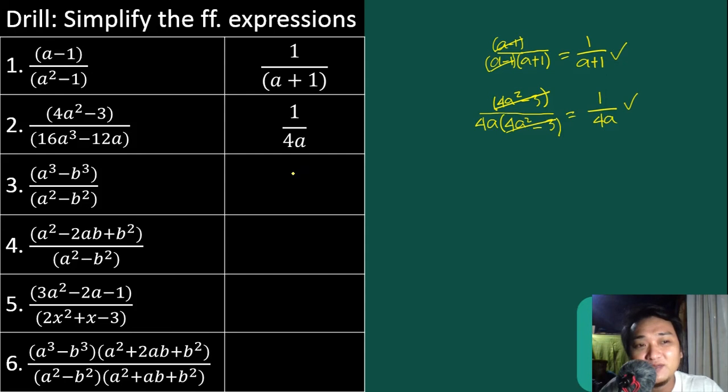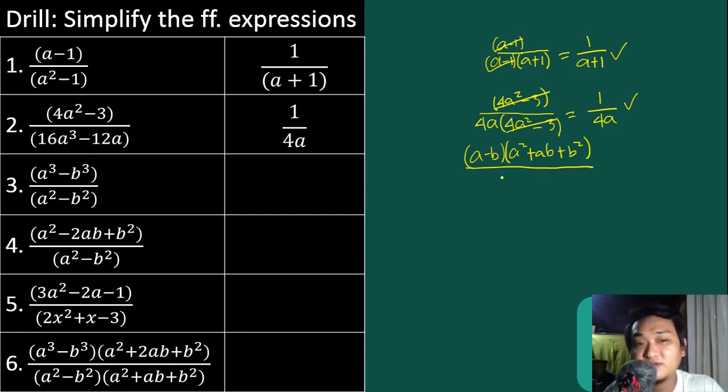How about a cubed minus b cubed over a squared minus b squared? So again, yung nasa taas, it follows the sum and difference of two cubes. Or to be specific, it follows the difference of two cubes. Yung nasa baba naman, it follows the difference of two squares. So let us try to factor. The factor of the numerator would be a minus b times a squared plus ab plus b squared.